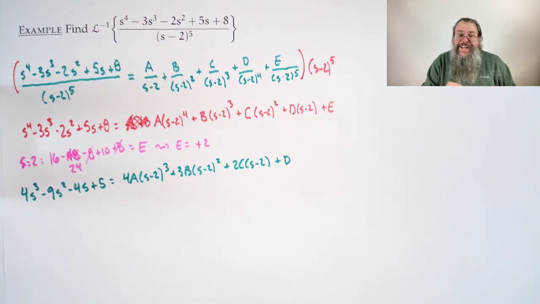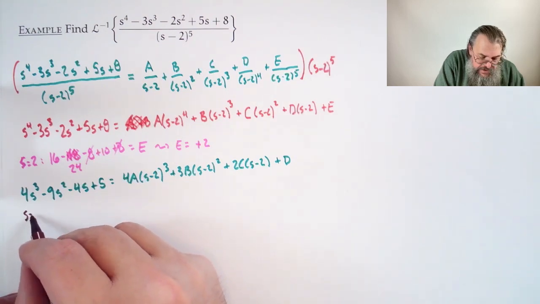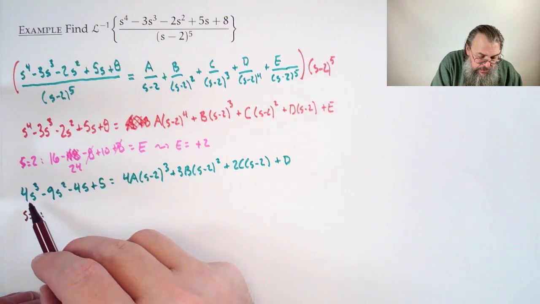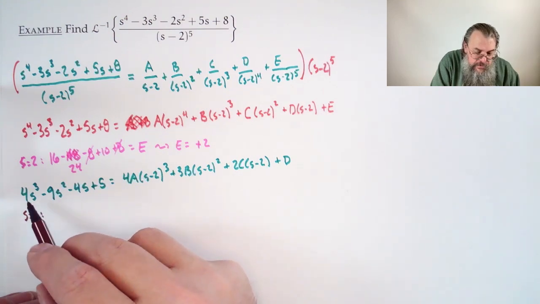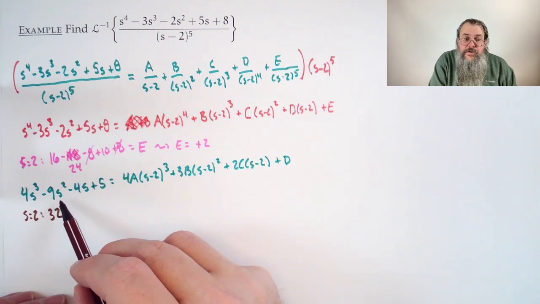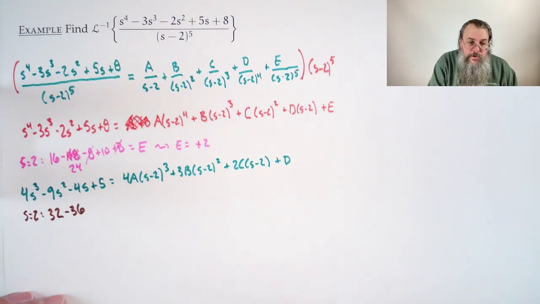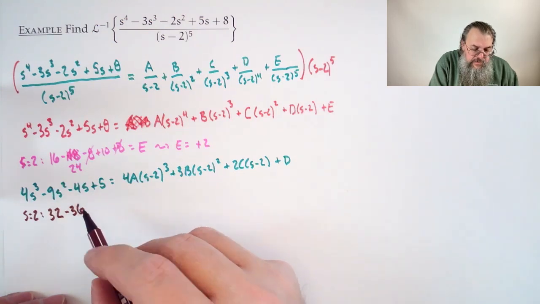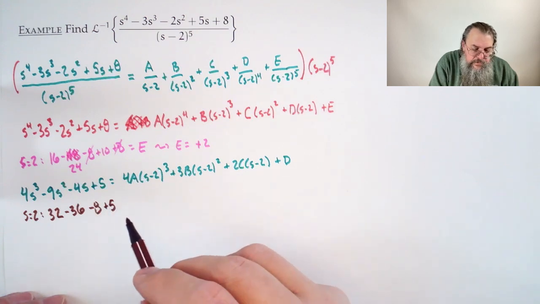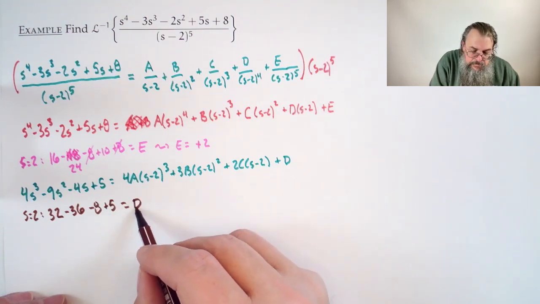Yeah, 2 again. But now, after we've taken a derivative, we're going to get a different coefficient. So, 4 times 2 cubed, 4 times 8, 32. 9 times 2 squared, 36. That's 9 times 4. 4 times 2, 8. 5, 5. Equals 0, 0, 0, d.